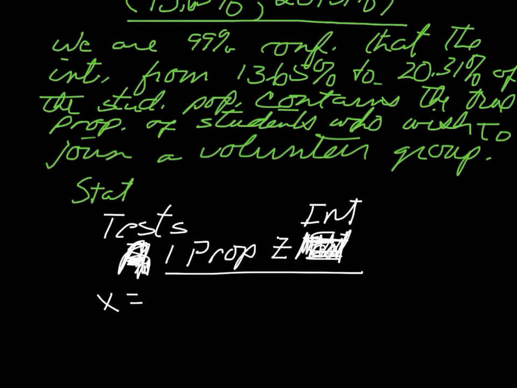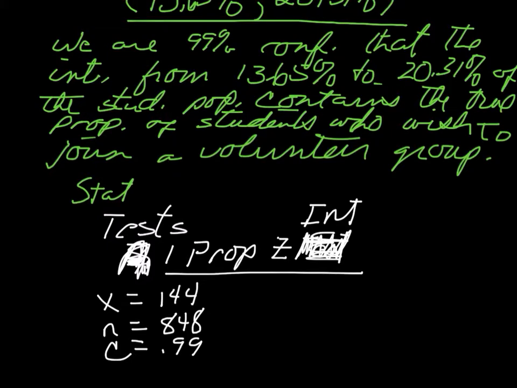And if I press that, then what's it ask me for? It asks me for x, which was 144. It'll ask me for the sample size, which was 848. And it'll ask me for the confidence level, which in our case was 0.99. At that point, it'll just ask me to paste or calculate, and when I do that, it gives me the one proportion z interval.